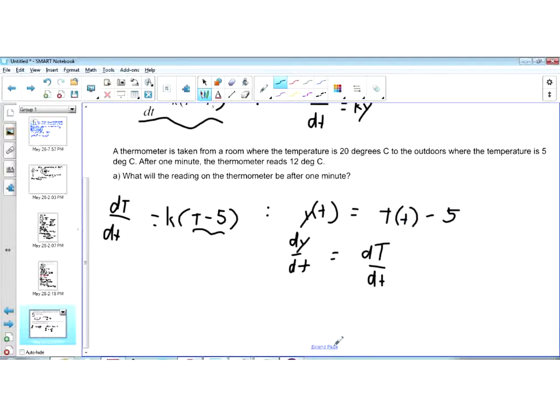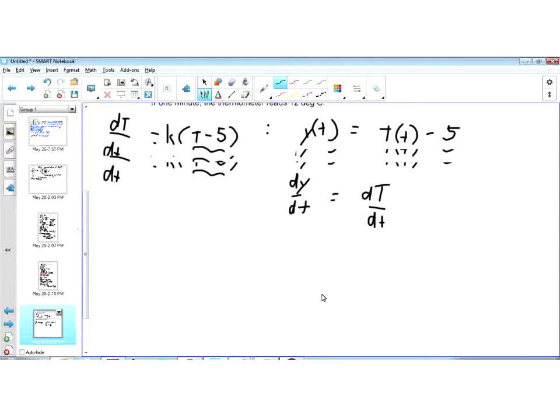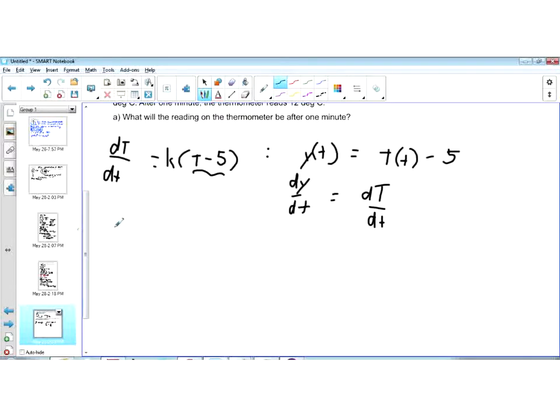Remember, the derivative of a constant with respect to time is just 0. So we make the substitution so that the equation is recast in terms of y. Now we have dy/dt, which is the same as dT/dt, equal to the constant times y of t, because we parameterized T minus 5 to be y of t. Now this should look familiar.